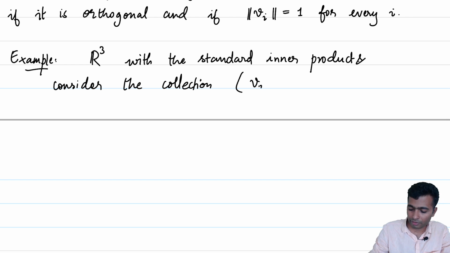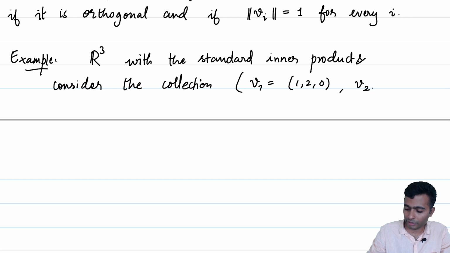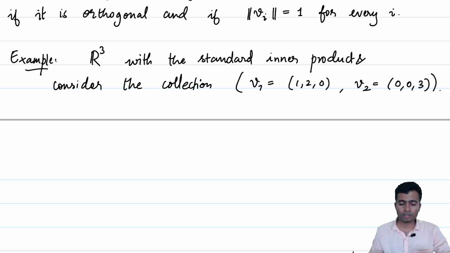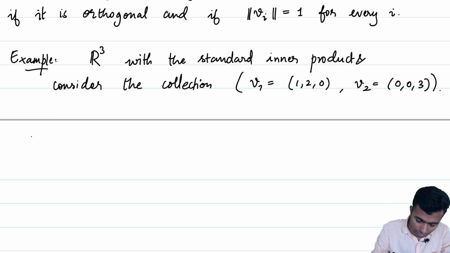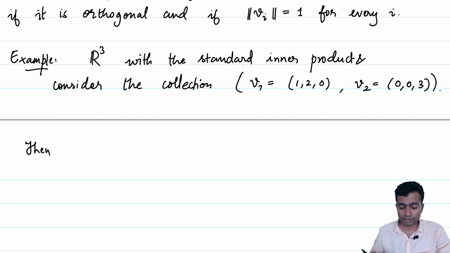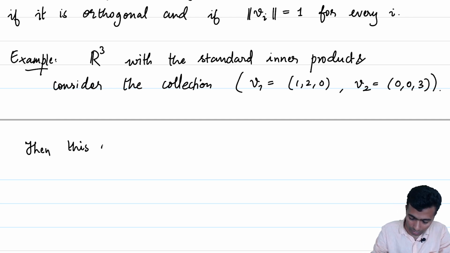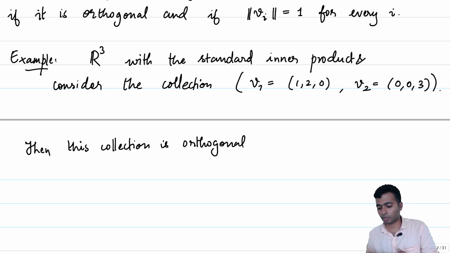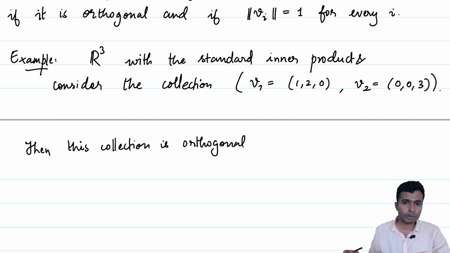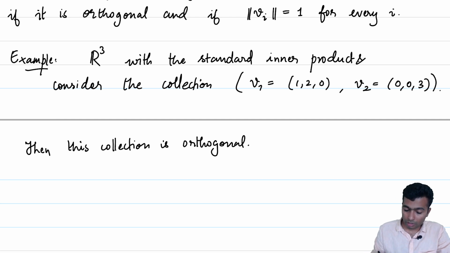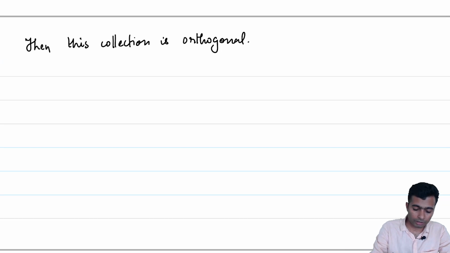So let's see, v1 equal to (1, 2, 0) and v2 equal to (0, 0, 3). Then this collection of vectors is orthogonal. That's a straightforward check. If you look at the inner product of v1 and v2, that will just turn out to be 0. However, if you observe carefully, this is not an orthonormal collection.